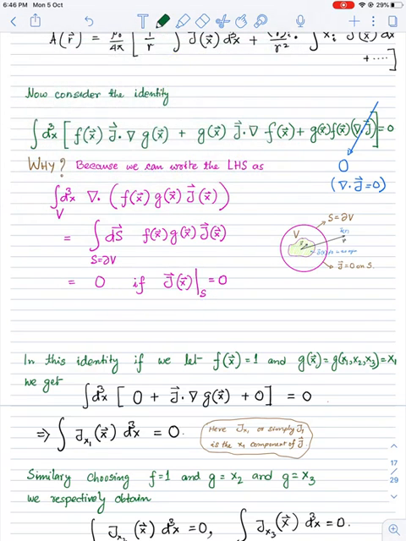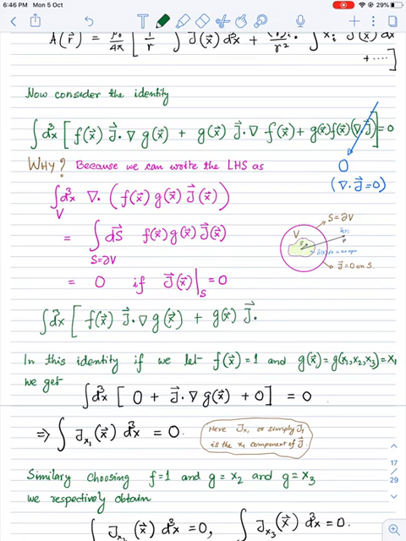So if this is 0, then there's a step in between, and I can write this integral d^3x f(x) j·∇g(x). That's the first term.